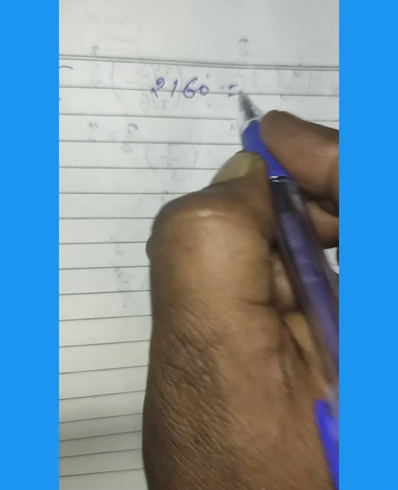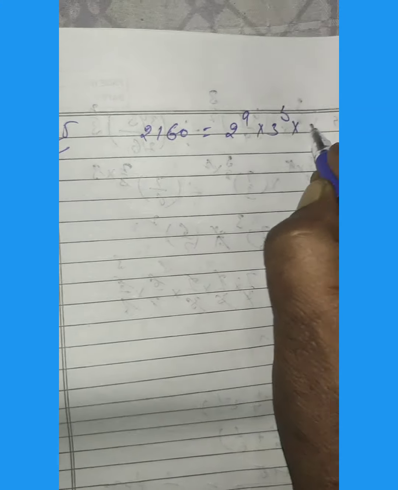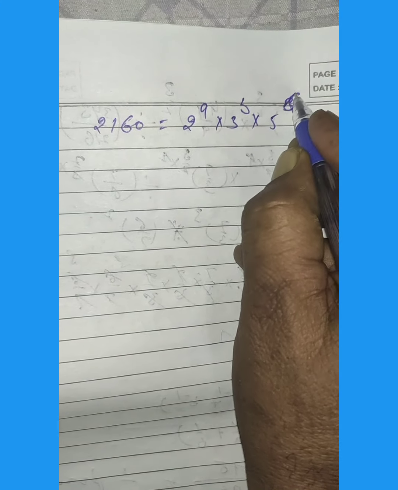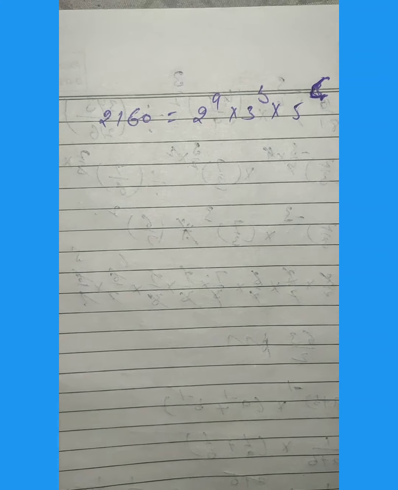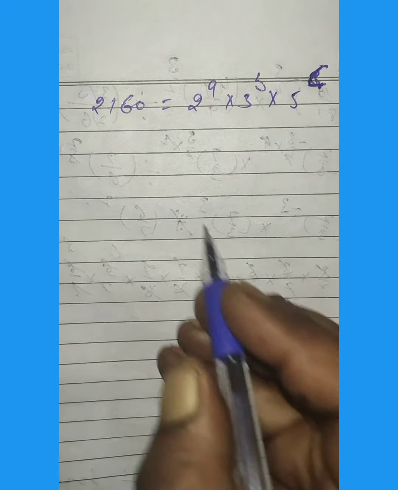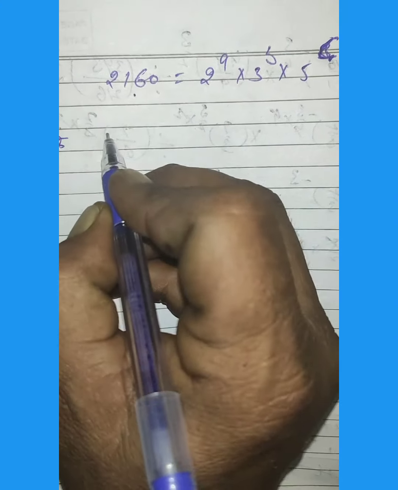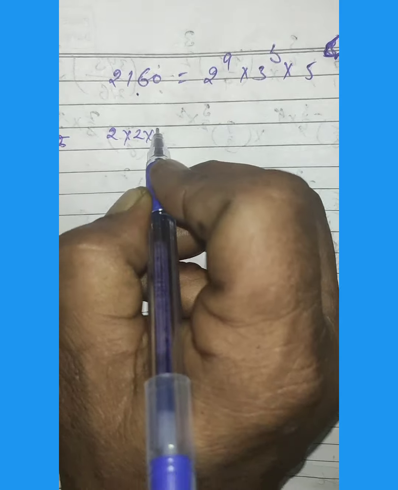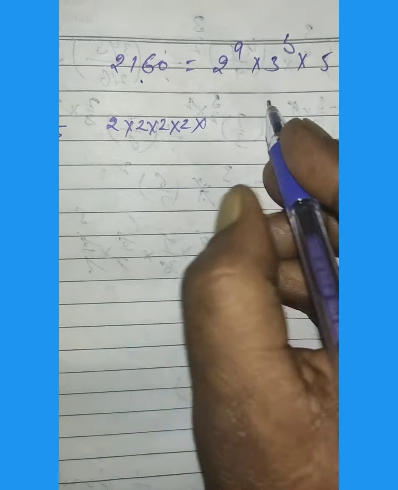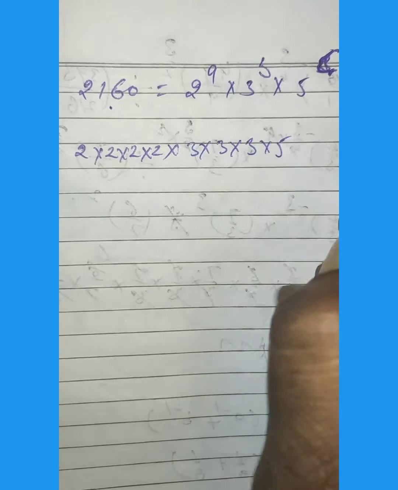Question number 5. If 2160 is equal to 2 raised to power a into 3 raised to b into 5 raised to power c, then find the values of a, b and c. First of all, make its factors. Its factors are 2 into 2 into 2 into 2 into 3 into 3 into 3 into 5.